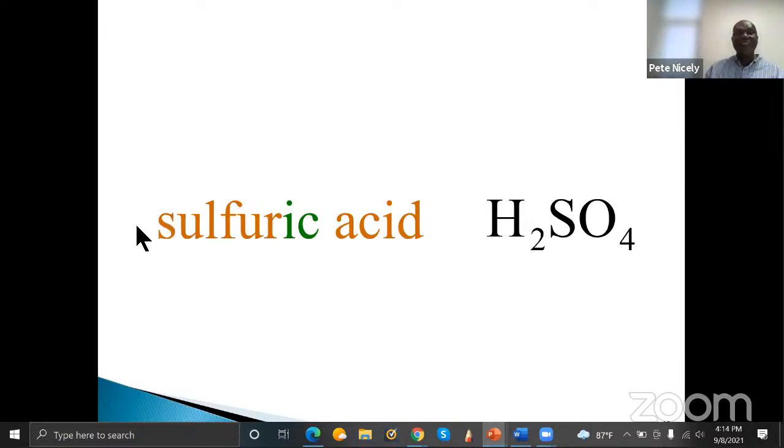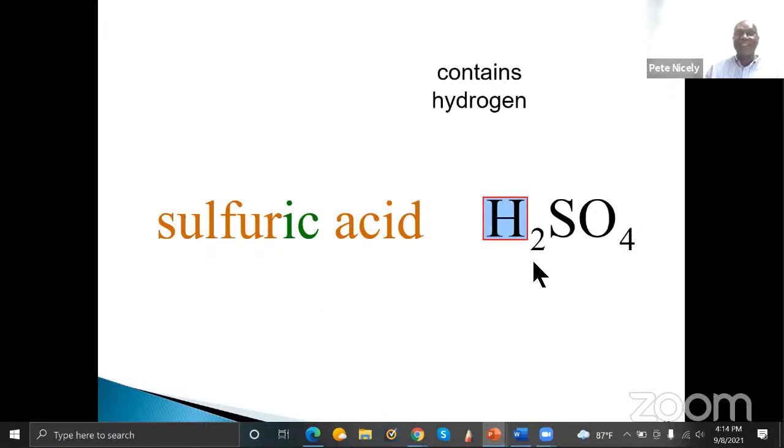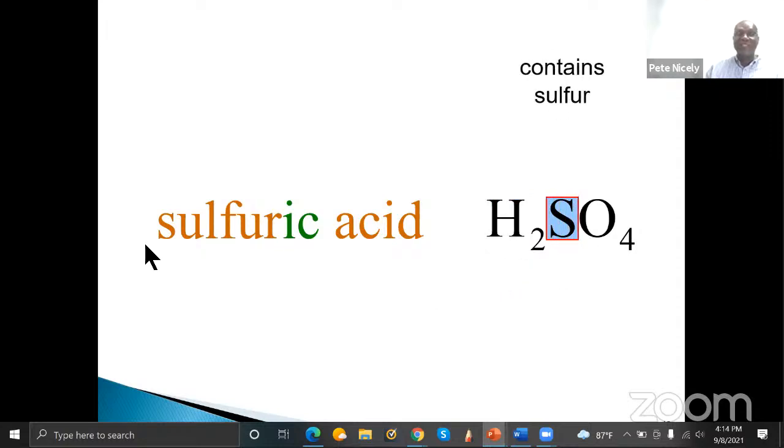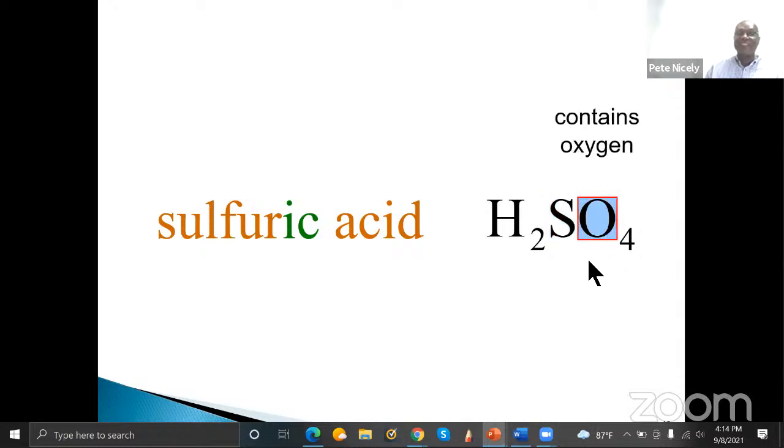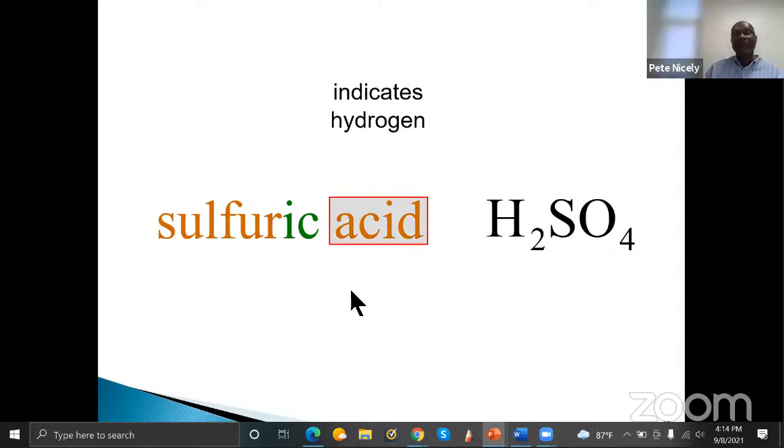You'll notice that there's no hydro in front of the sulfuric, it's simply sulfuric acid, and this is the formula, H2SO4, all right? So the fact that it contains hydrogen implies it's an acid. It contains sulfur, which is indicated in this part of the name of the acid. And of course, it contains oxygen because it's an oxyacid, all right? Also, the acid part of the name is what indicates the presence of hydrogen in the formula.